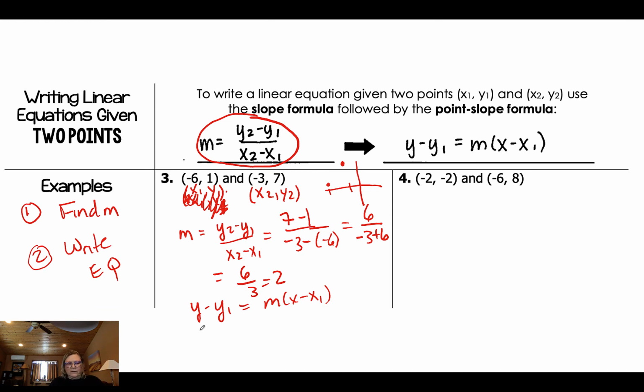My solution is going to be y minus 1 is equal to 2 times x minus (minus 6), or y minus 1 is equal to 2 times x plus 6. All right, so now you should pause the video and try to do the whole next problem by yourself.